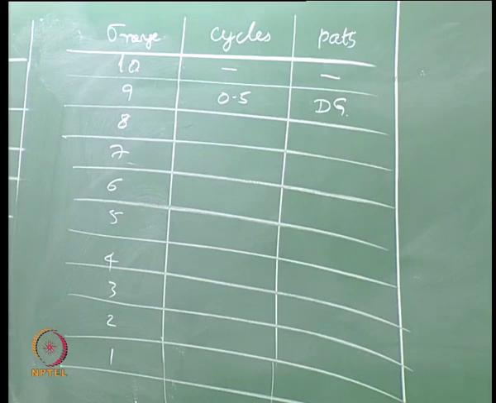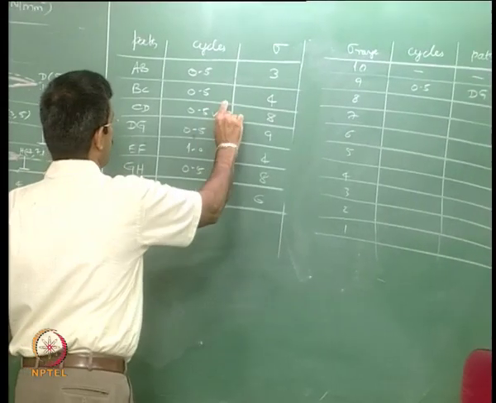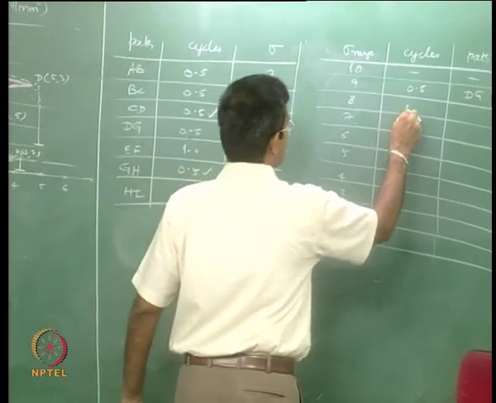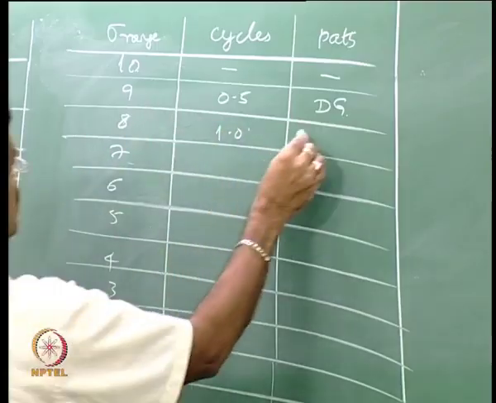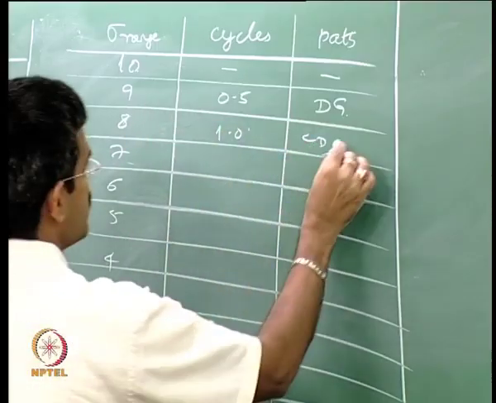So if you look at 8, there are 2 cycles, one is 0.5 and 0.5, so I should say 1, and the paths are CD and GH.